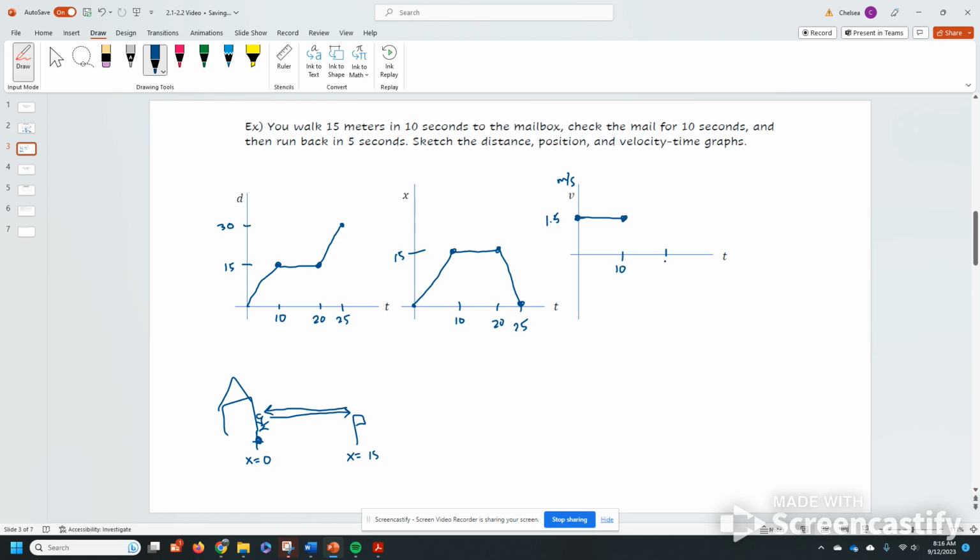Then for the next 10 seconds, my slope is 0. I'm not moving. So I'm just going to have a horizontal line here. You can dash those if you want. And then for my last 5 seconds, the slope is down 15 over 5, or negative 3. So down here at negative 3 meters per second for 5 seconds. That's my velocity running back towards the house.